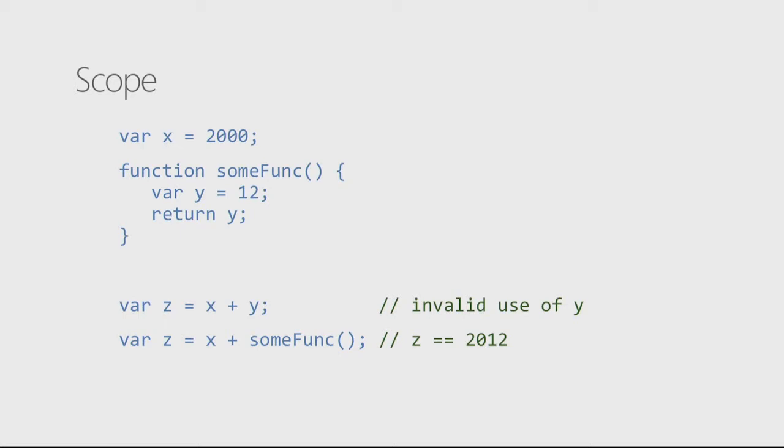That means it's not accessible outside of the function in terms of accessing that actual variable directly. However, because we returned y in the function, that's why the next line of code is valid: x plus sumFunc, executing it, which returns the value of y. That's the example there of retrieving that hidden value without actually getting to the specific variable name. So, a very simple discussion there on one level of scope.